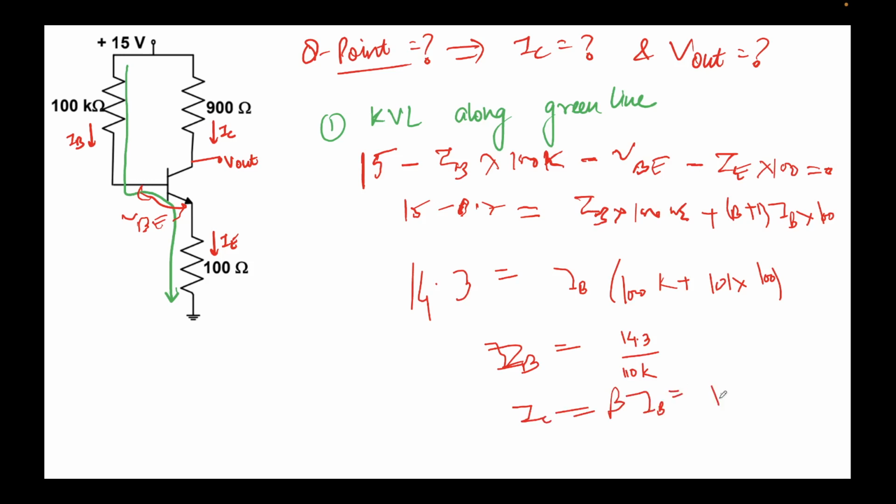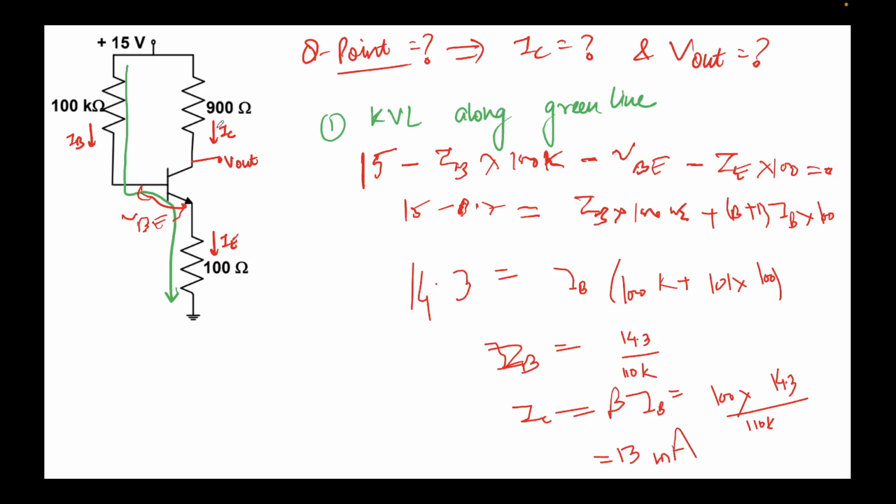So that will be 100 times 14.3 divided by 110k, which, if we solve this, will come out to be 13 milliamperes. So this is simply 13 milliamperes.